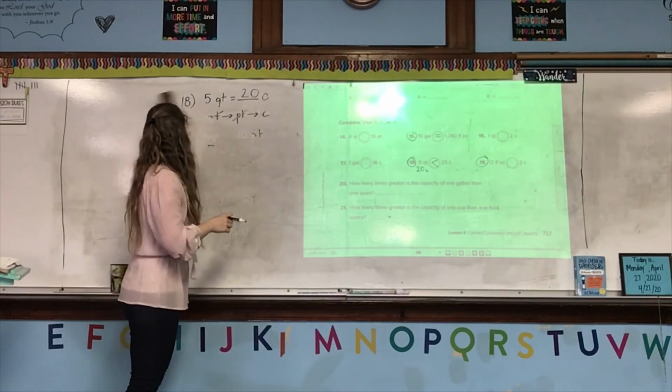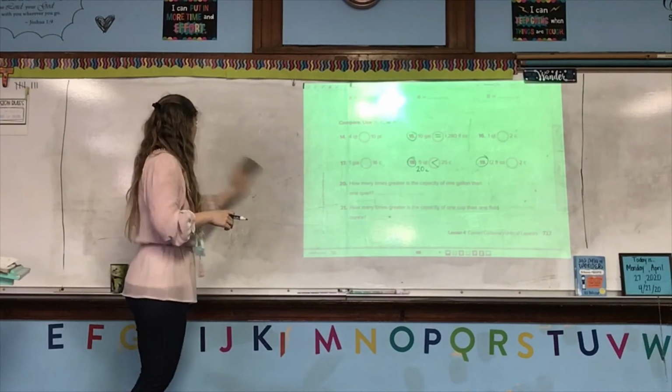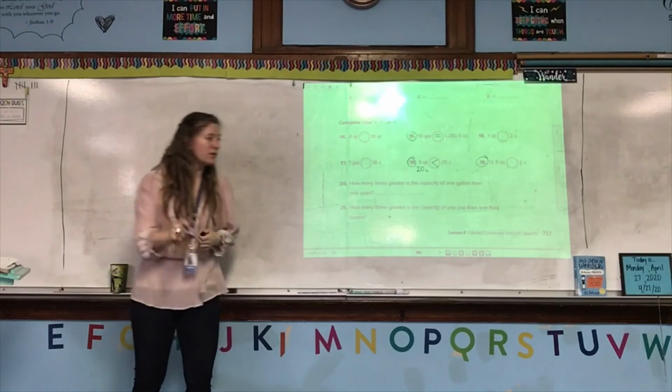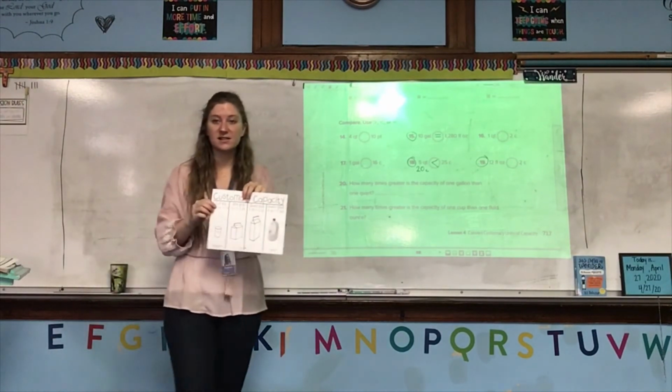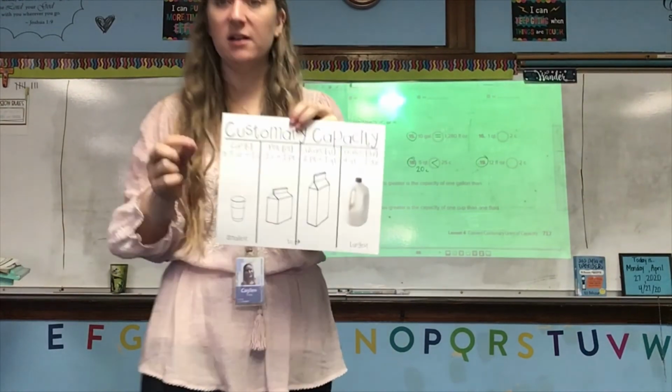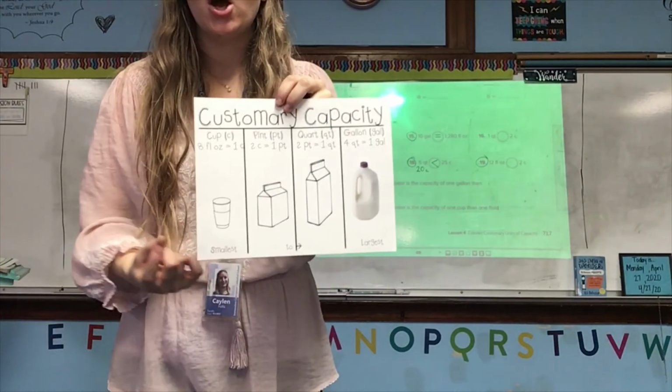So, first, we're going to figure out which unit is larger, fluid ounces or cups. Well, we don't have fluid ounces on our chart, but we know that they're over here, which means that cups are larger.